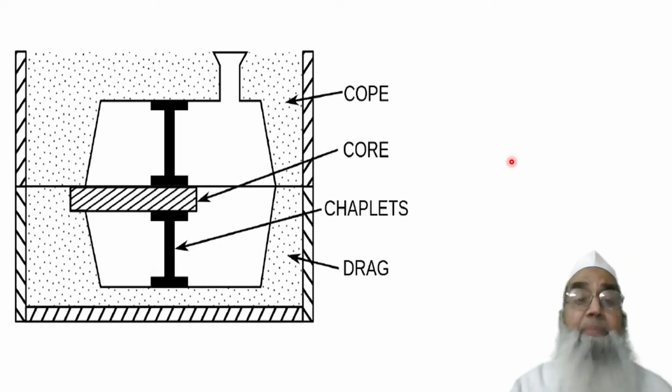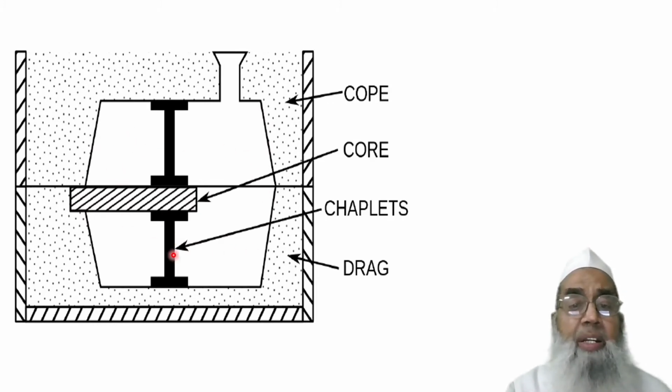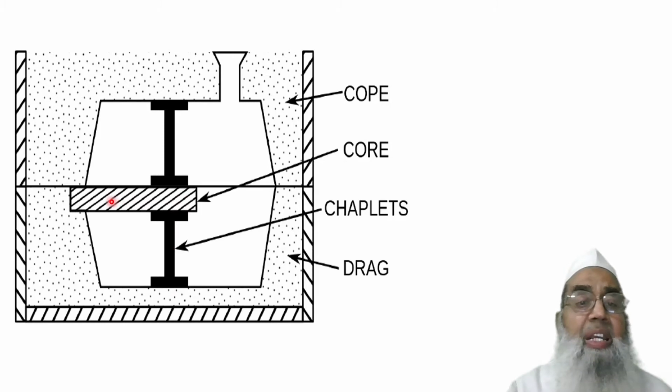Now this is the chaplet. This is the overhanging core, a cantilever type. This is the mold cavity. With the help of this chaplet, the core is properly aligned at the desired location.